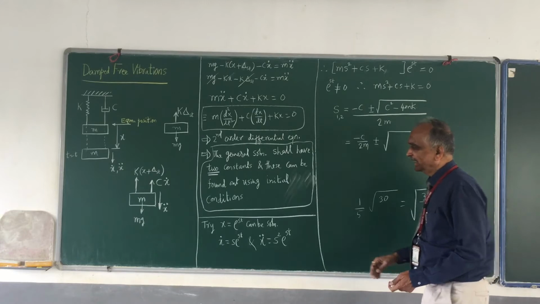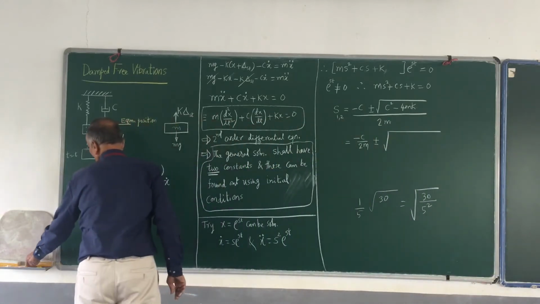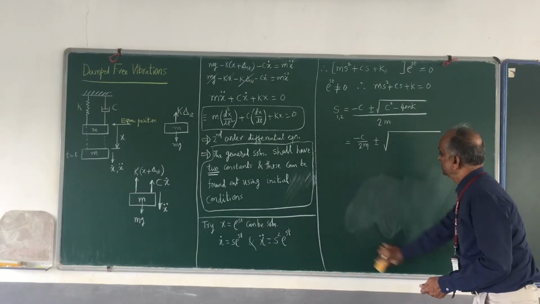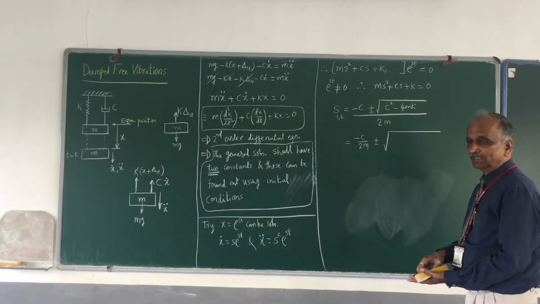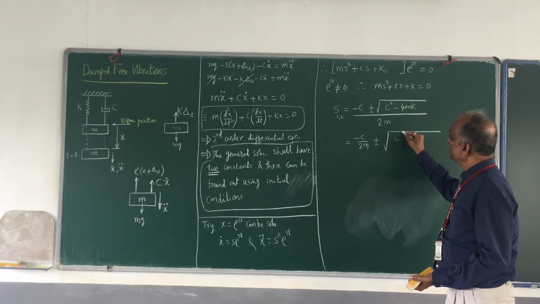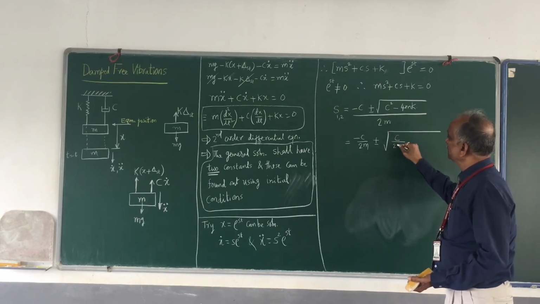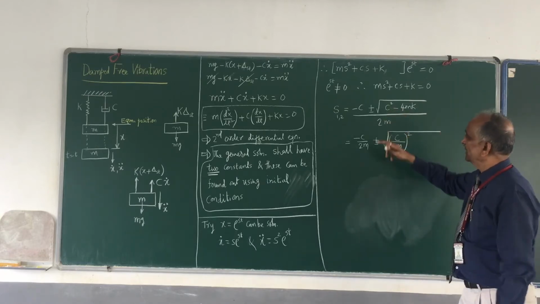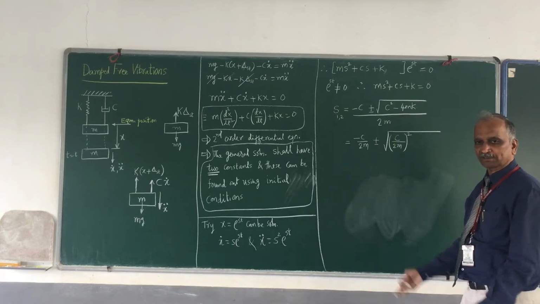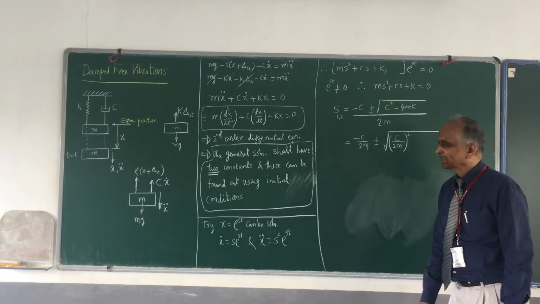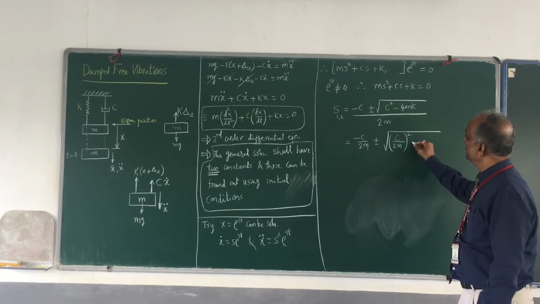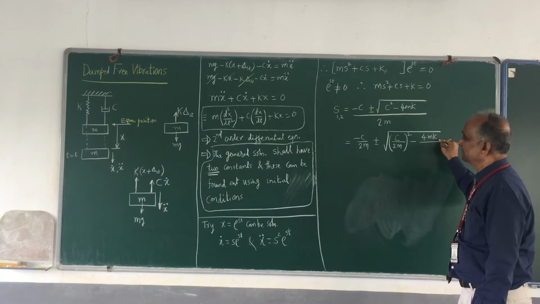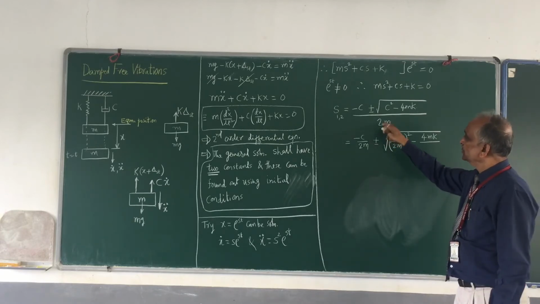Here also I have 2 by 1 upon 2m. The 1 upon 2m I would like to take within the square root sign. So c is already there, this is 2m, and this is square. c square divided by 2m whole square. The same thing I have written as c divided by 2m whole square minus 4mk divided by 2m whole square.